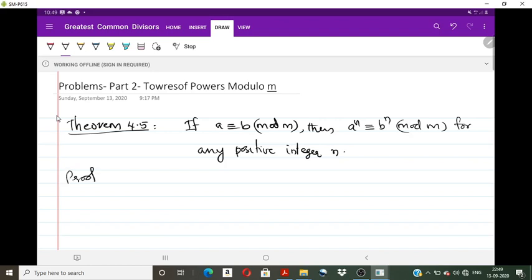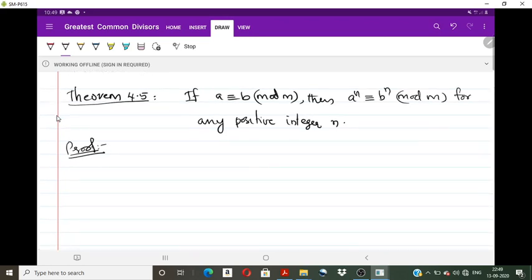Proof. The proof is by induction. When n is equal to 1, it is clear that the statement is true.